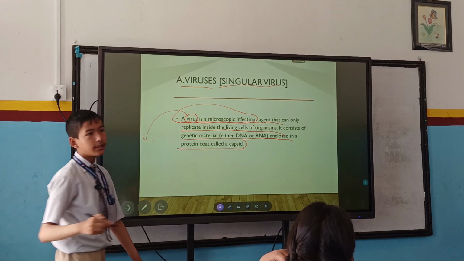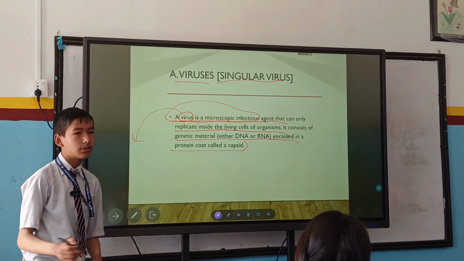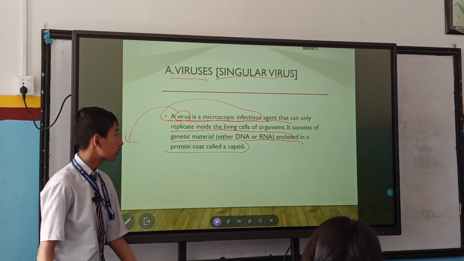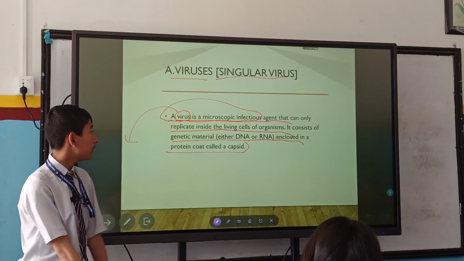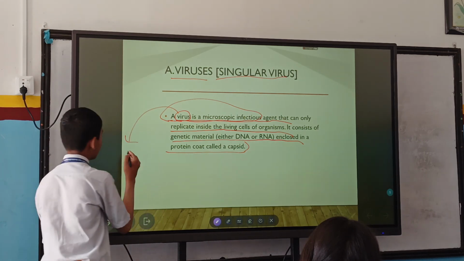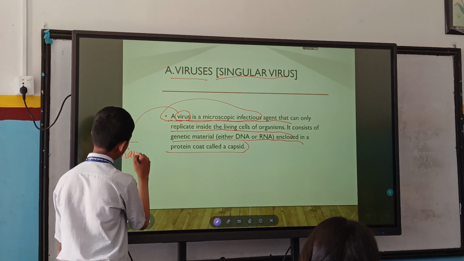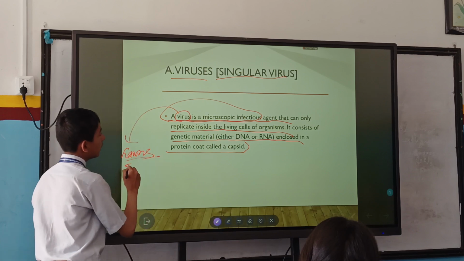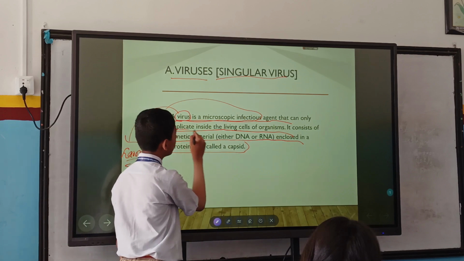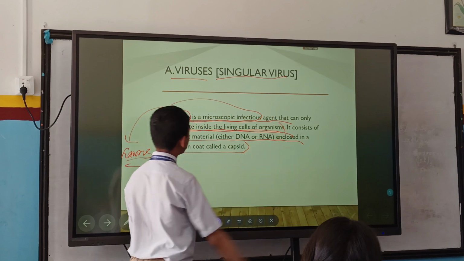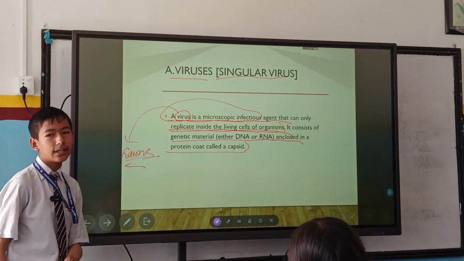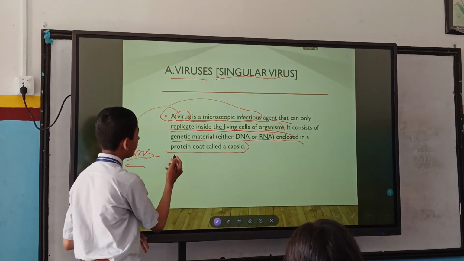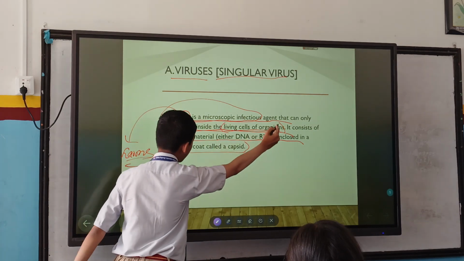It means it is also a microbe which can only be seen with the help of a microscope, and it is an infectious agent, which means it harms the organisms and can only replicate inside the living cells of organisms.